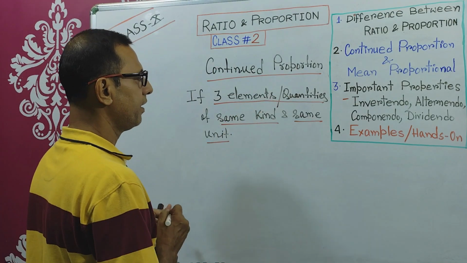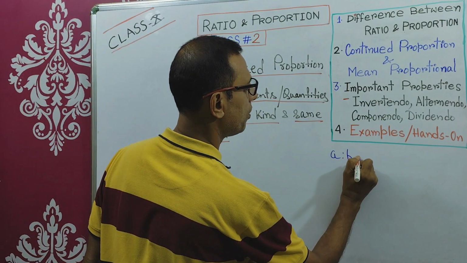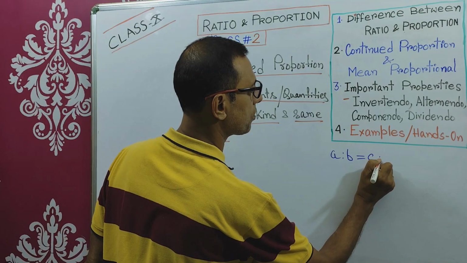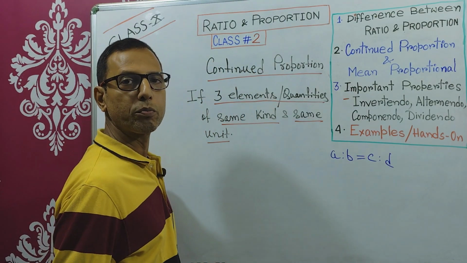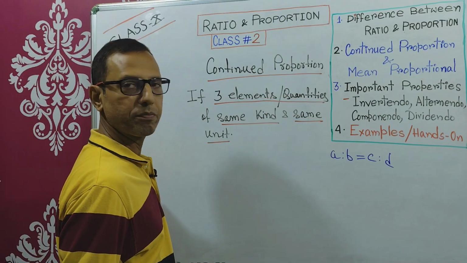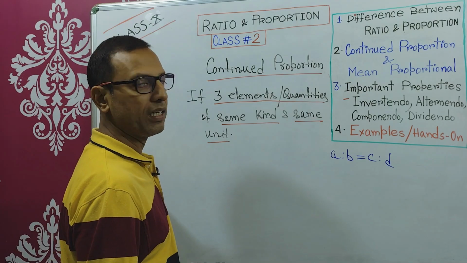Let's say there is a proportion relationship of four elements, A is to B equals C is to D. There is no common element between these two ratios. A, B, C, D are all four different elements.